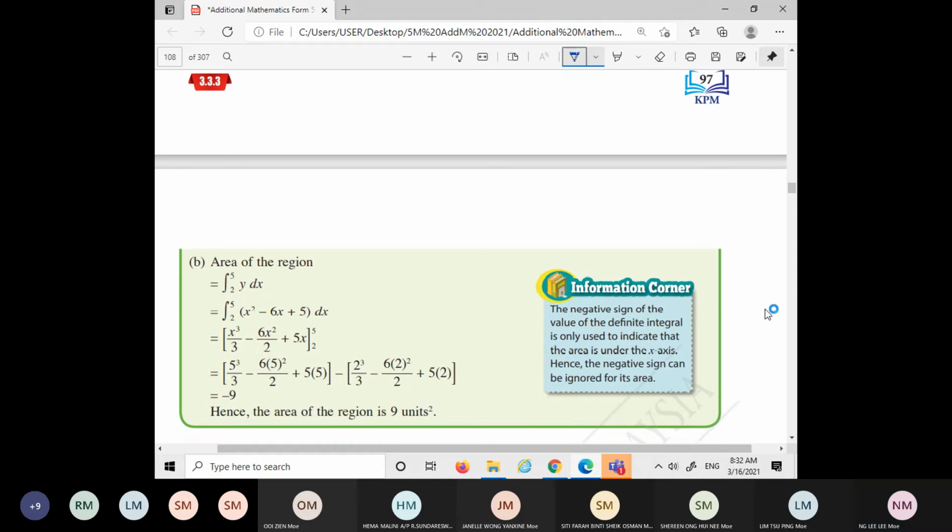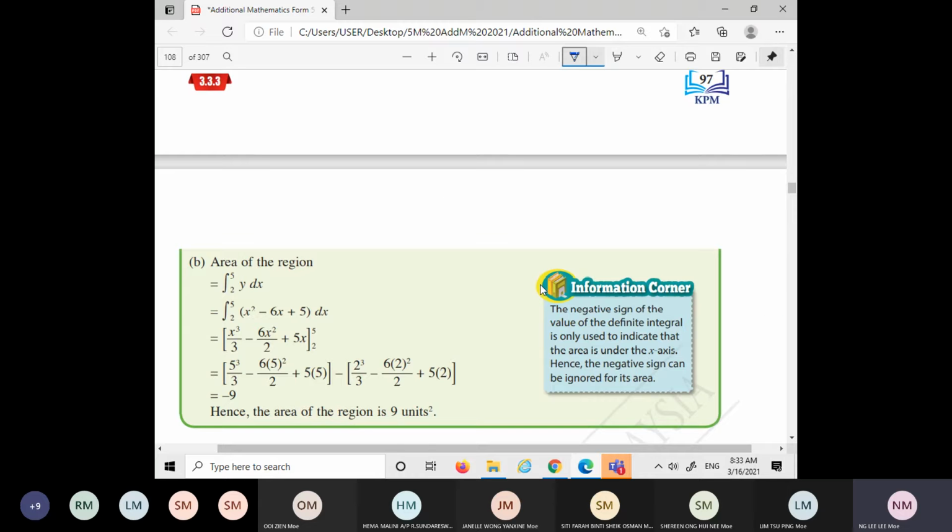So remember, if the region shown is below the x-axis, the integral you will get is negative. But when the question asks for area, then you have to state it as positive. The negative sign of the value of the definite integral is only used to indicate that the area is under the x-axis. Hence, the negative sign can be ignored for its area.